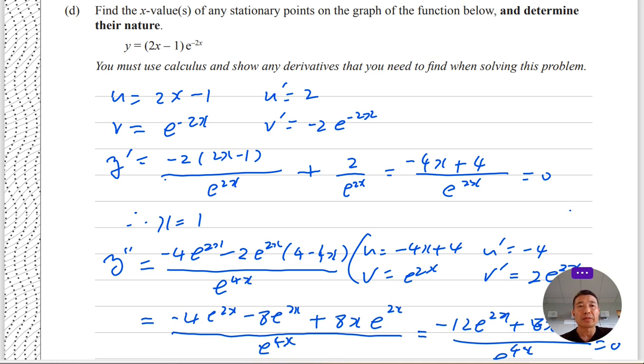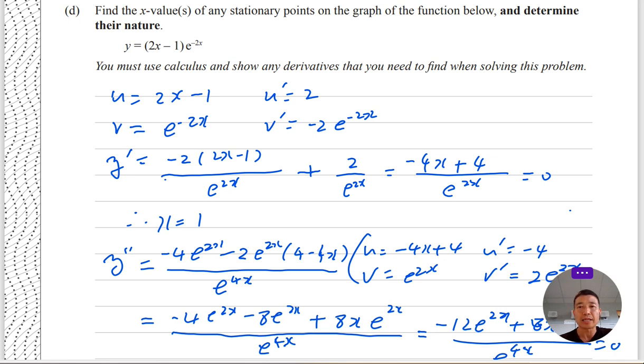first derivative, so to do so, because this is a product rule, u is 2x minus 1, v is e to the power of minus 2x. Hence, u prime is this, v prime is that, and y prime becomes that, right? Well, we are talking about stationary points.